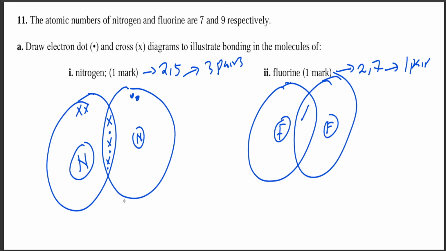So 1 pair. So a dot and an X is enough. And if it is 1 pair, it's going to remain with 7 minus 1, which is 6, each of them. This one will have 6: 1, 2, 3, 4, 5, 6. This one also 6: 1, 2, 3, 4, 5, and 6. And that is the answer.